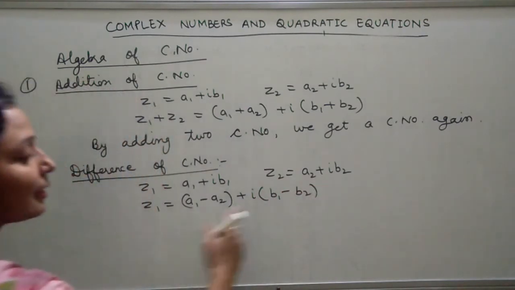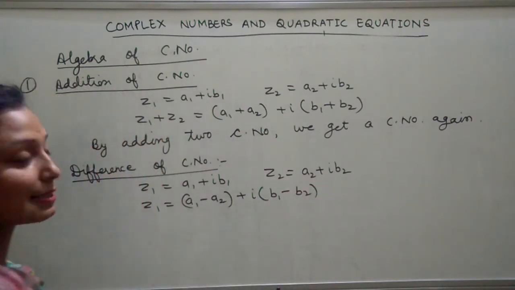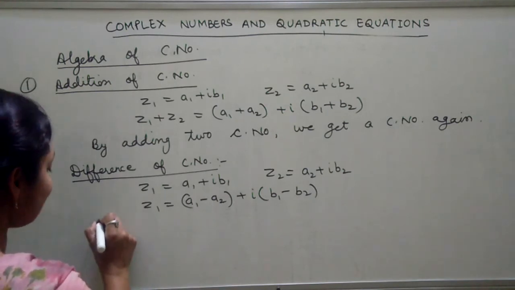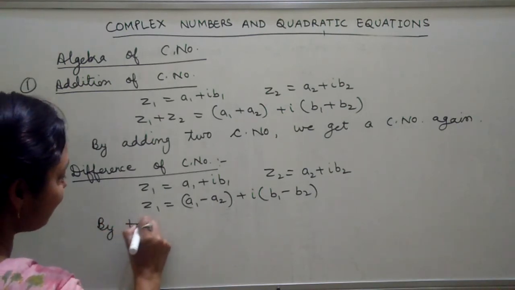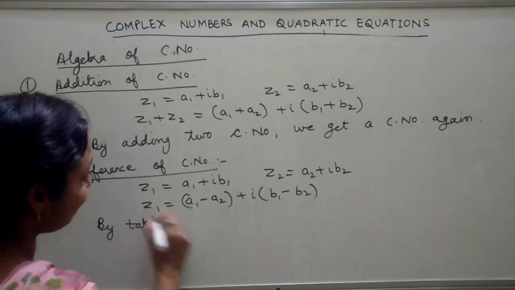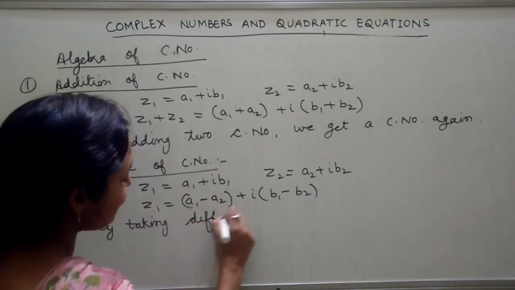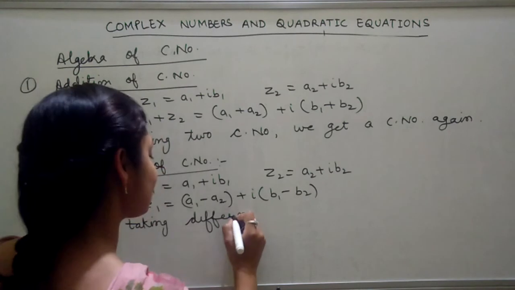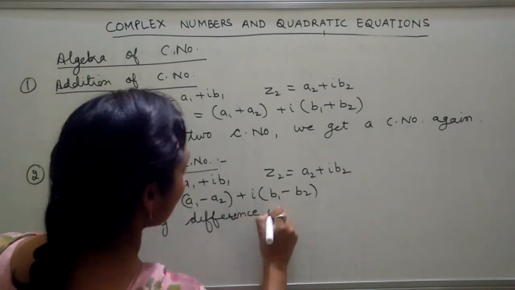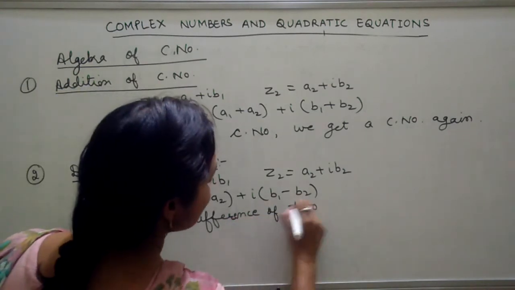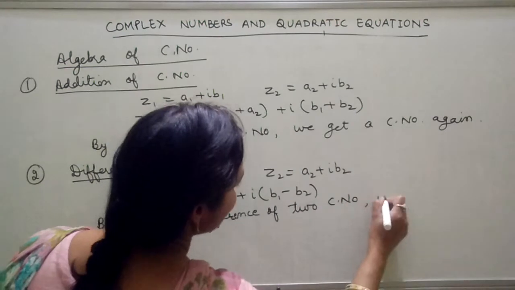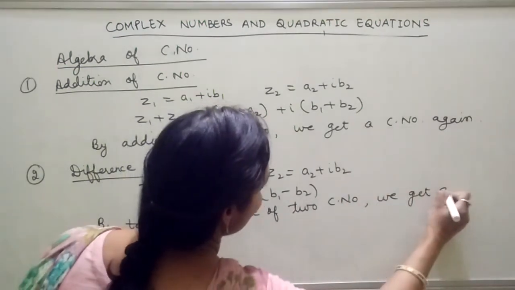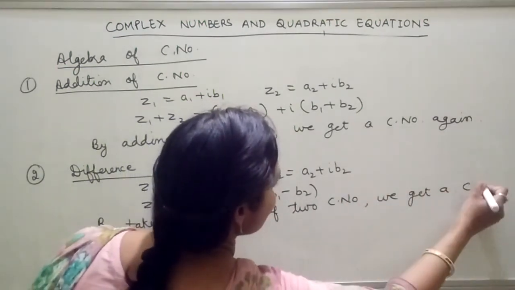Again a complex number. So by taking the difference of two complex numbers, we get a complex number.